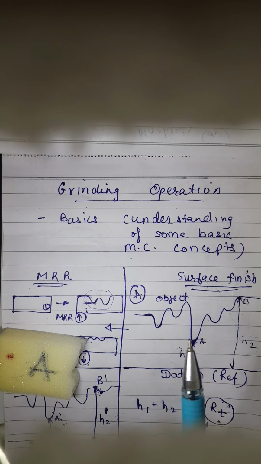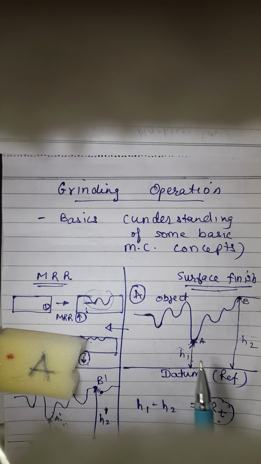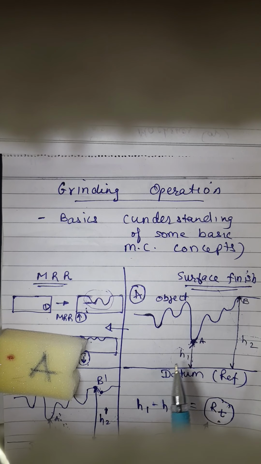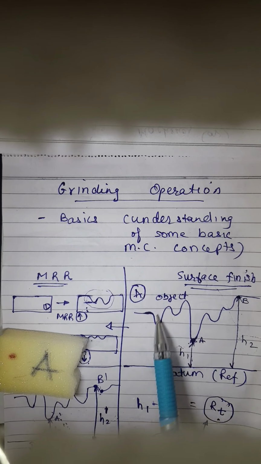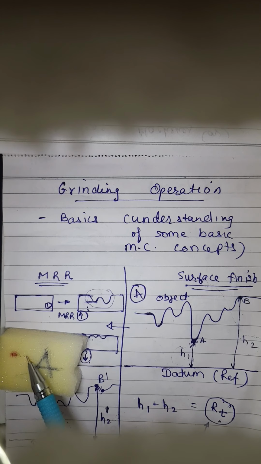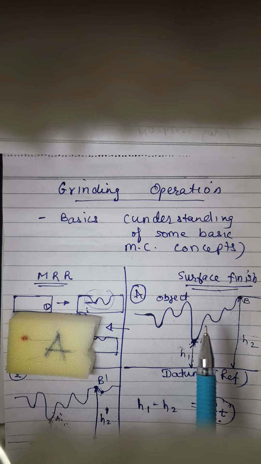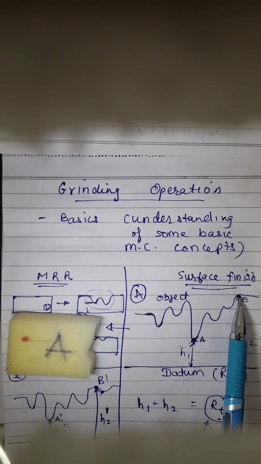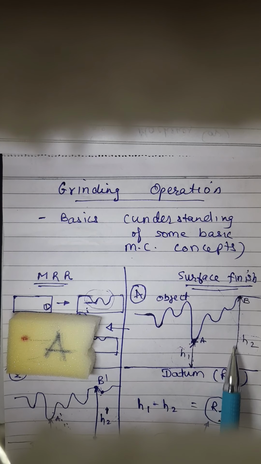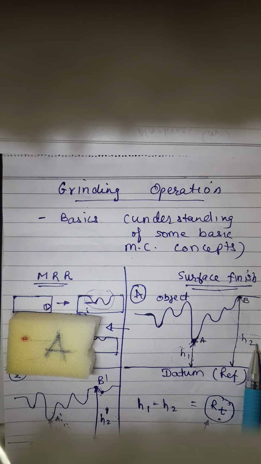Then what I would find is the lowest or the closest point with respect to the datum is this one, which I am naming A, and its corresponding distance from the reference I am calling h1. Similarly, the farthest point for this surface observed under magnification is B, and its distance I'm calling h2.